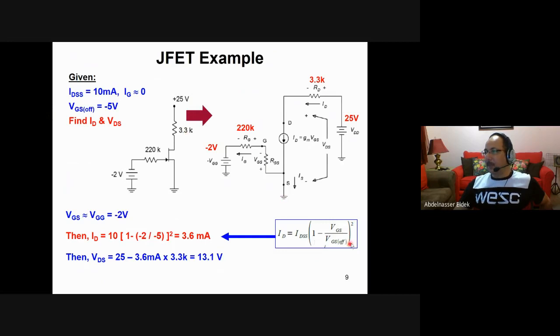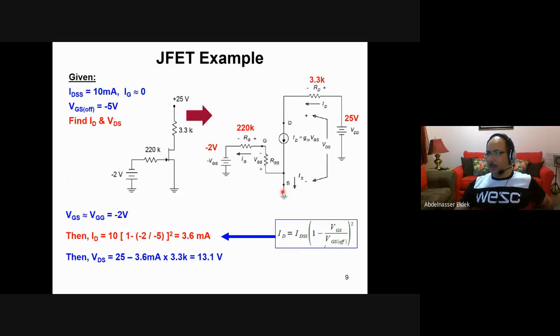Okay, so let us see. This is the equation here. So what is the equation? ID equals IDSS, here's IDSS, times 1 minus VGS. VGS in this case is what? Since you don't have current here, VGS equals the same as this voltage here, because VGS is VG. Between VG and the ground you do not have current in this one.